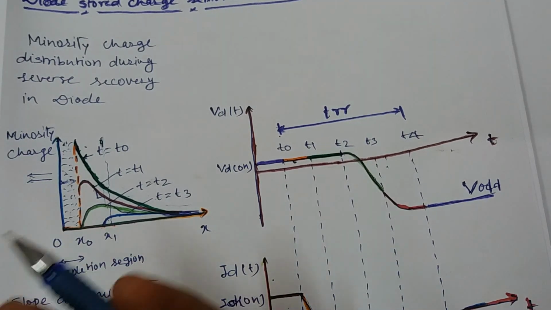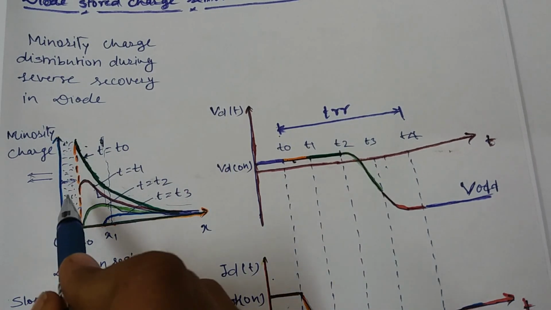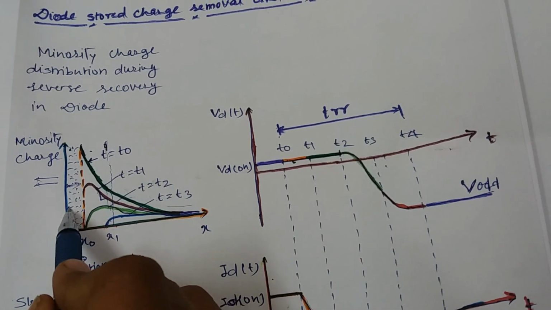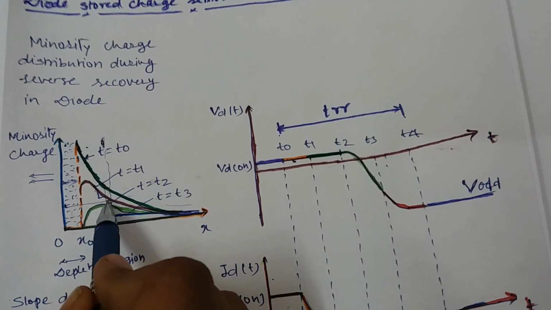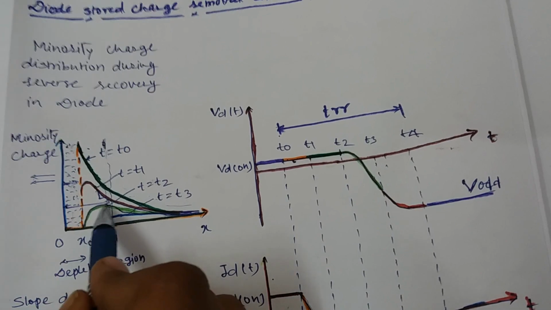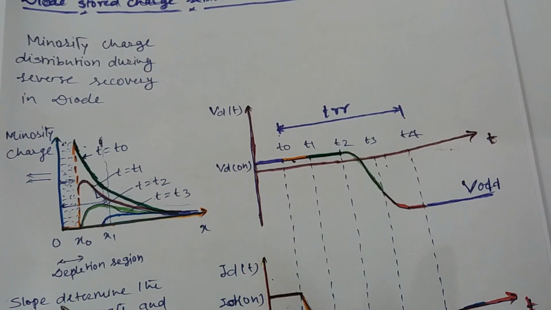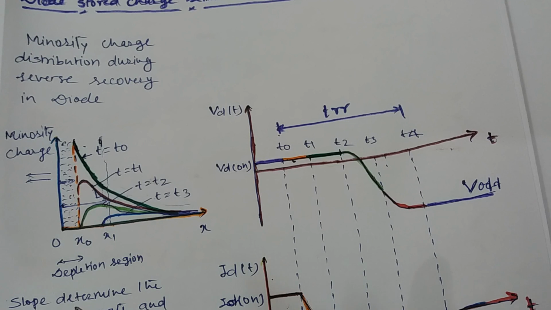Now once you have removed all the charge stored in the junction capacitance, your depletion region width increases. Earlier it was that much, now it is that much, because you removed all the minority carrier charges from your junction capacitance.